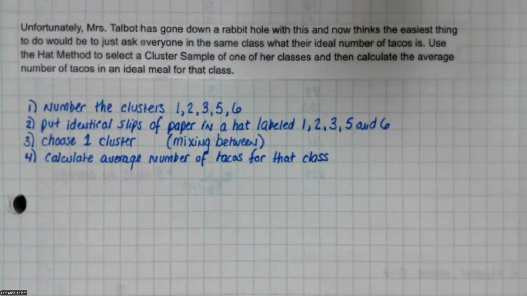And then calculate the average number of tacos for that class, which would be a sample size of about 30, which is not going with our original 12. But you see, you kind of get more that way because it's convenient.